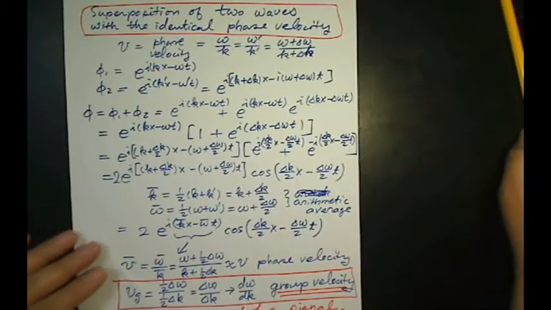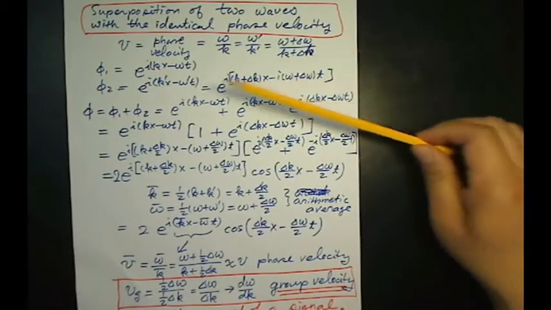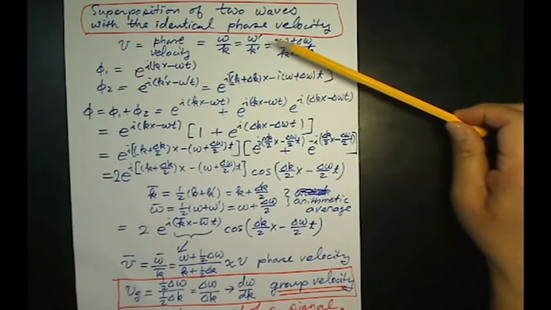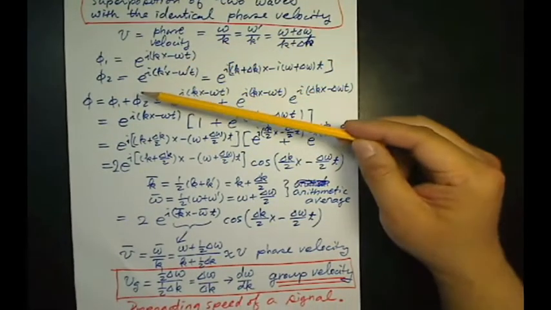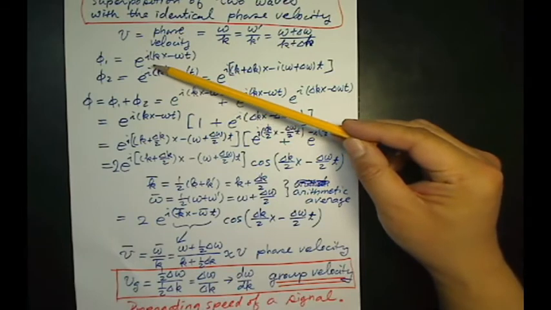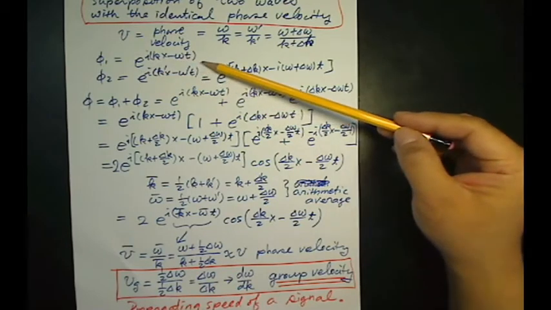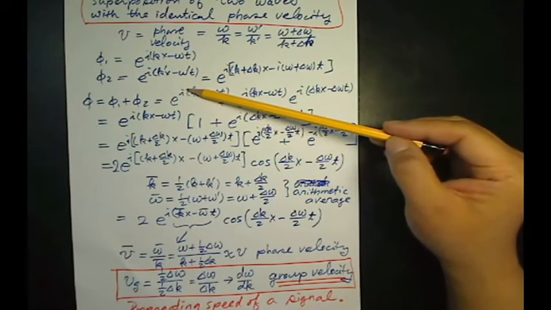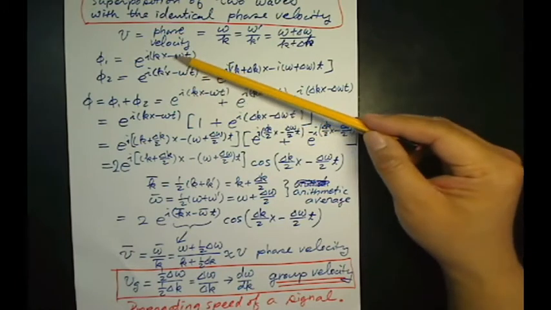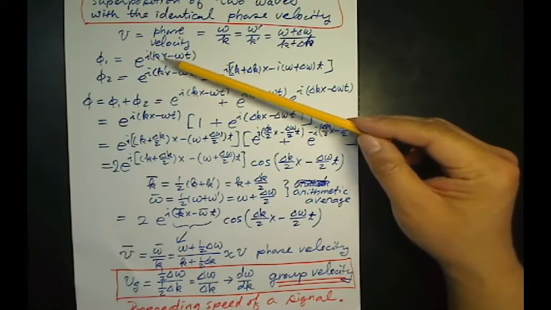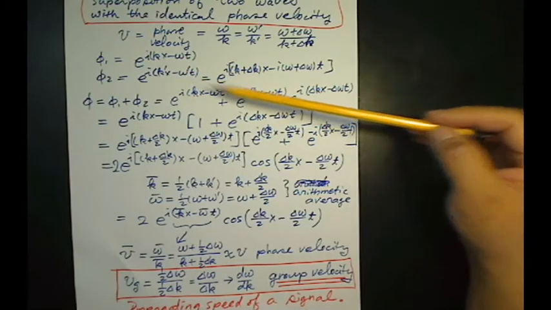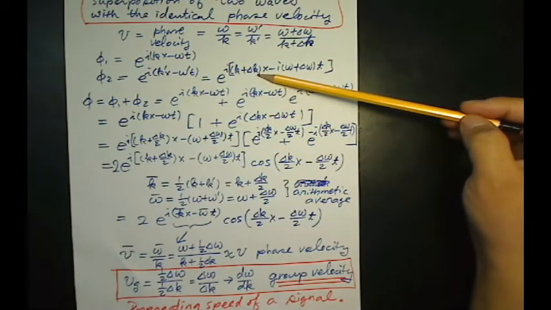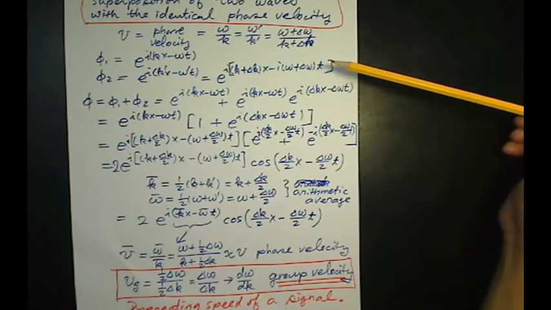Let us consider the superposition of two waves with a different omega and different k. Here is an example. We have a first wave with kx minus omega t, and we have another wave that has a different wave number and frequency, and the difference is delta k and delta omega.